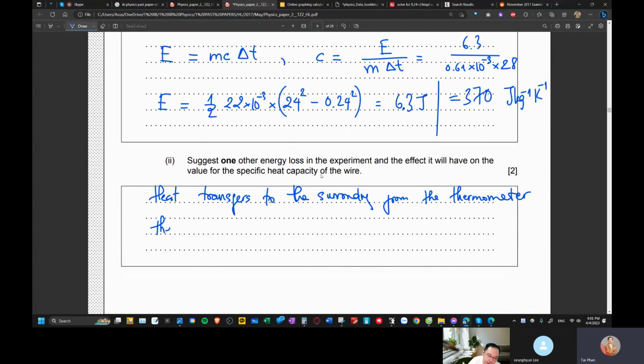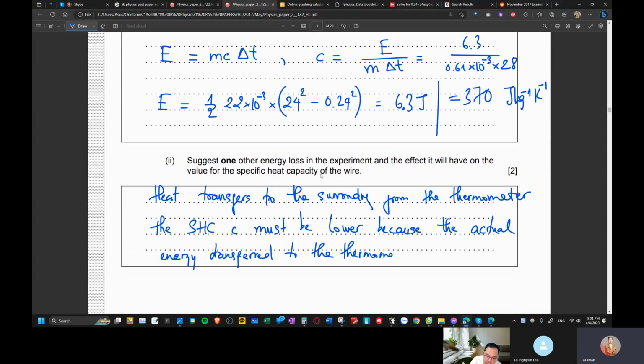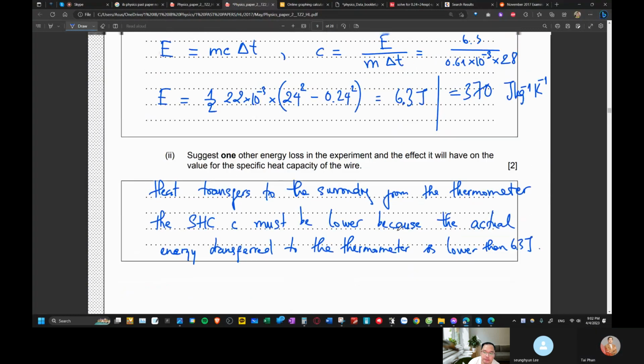The specific heat capacity C must be lower than the calculation in part C, because the actual energy transferred to the thermometer is lower than 6.30.